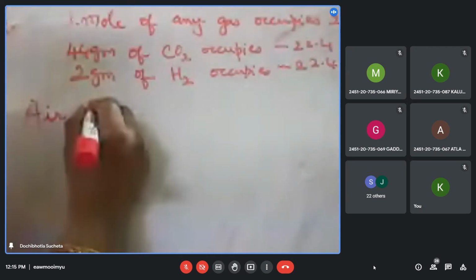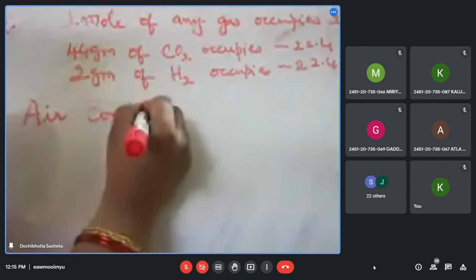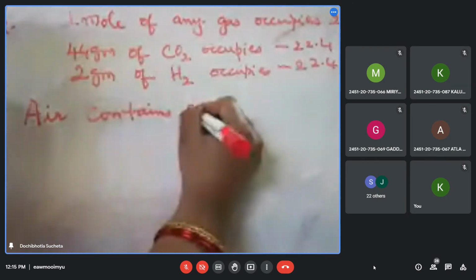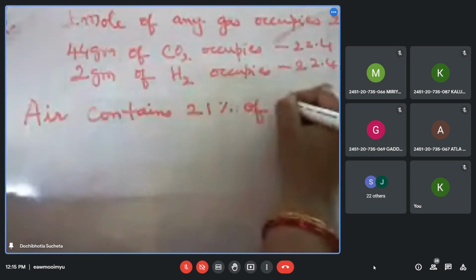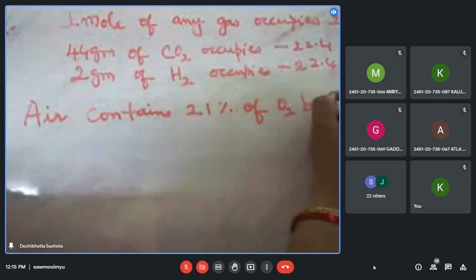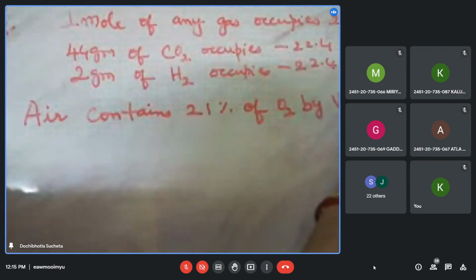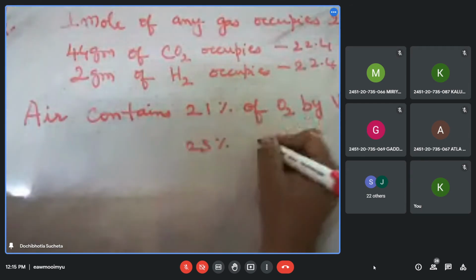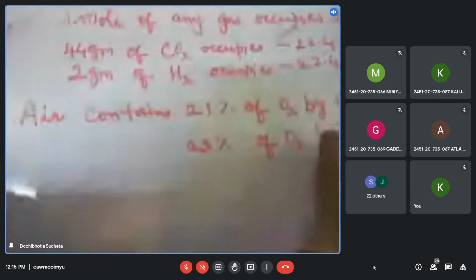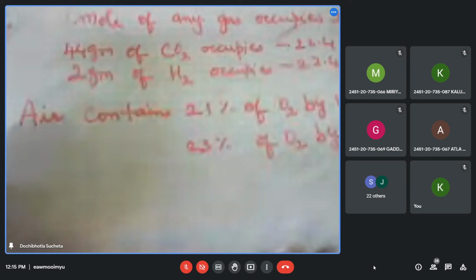So air contains 21% of oxygen by volume, and 23% of O2 by weight. This is the block point rule.